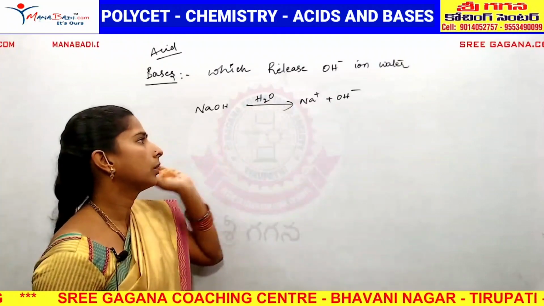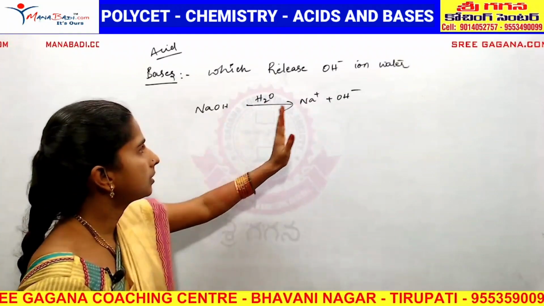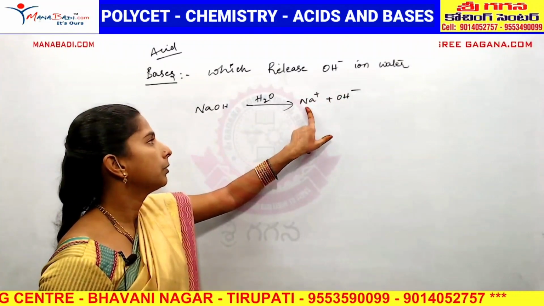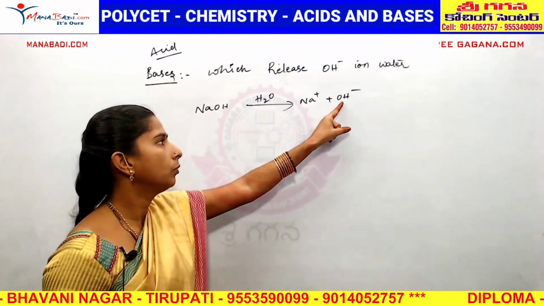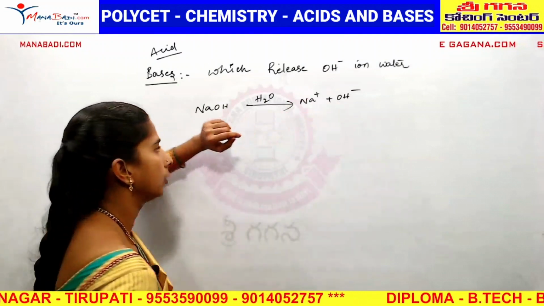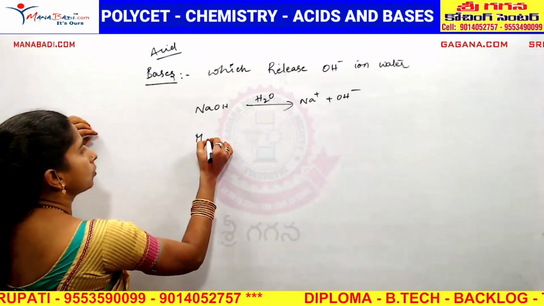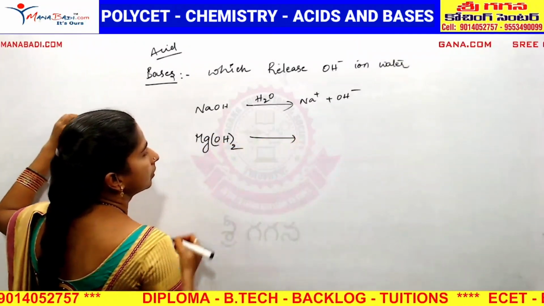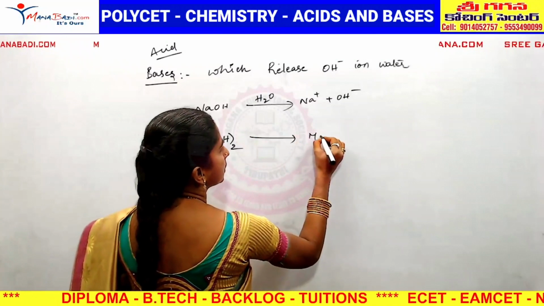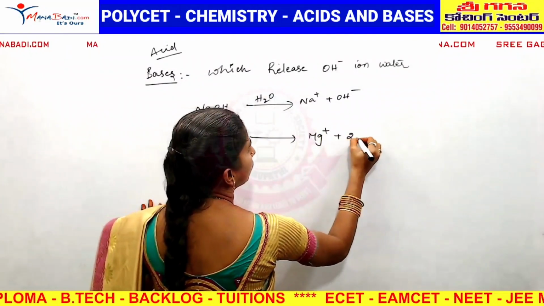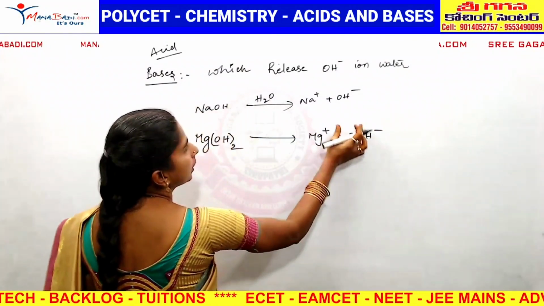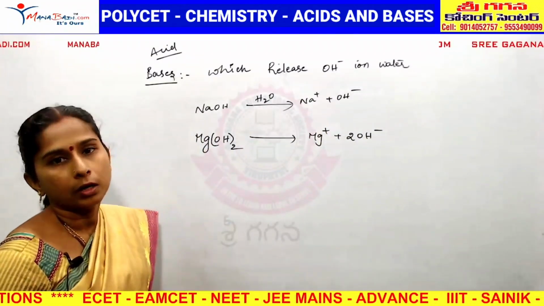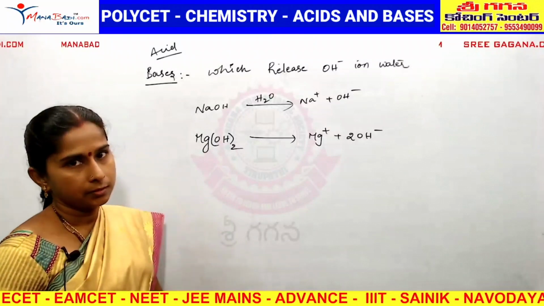Just Na plus ion and OH minus ion are released. Another example is Mg(OH)2, which is Mg 2 plus and 2 OH minus. So substances releasing OH minus ions in water are called bases.